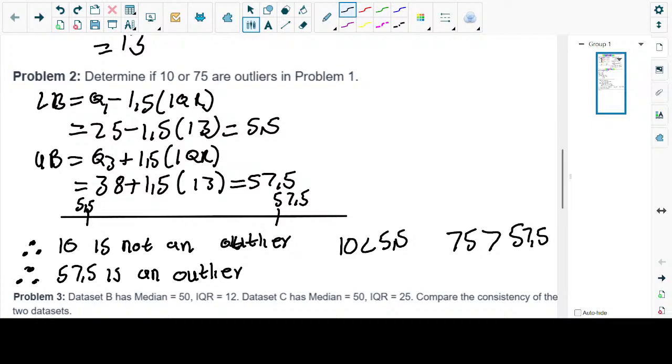Now multiply by 1.5, keep it in your head. Lower fence, Q1 minus 1.5 times IQR. If the number is below this, it's an outlier. Upper fence, Q3 plus 1.5 IQR. If the number is above this, it's an outlier.